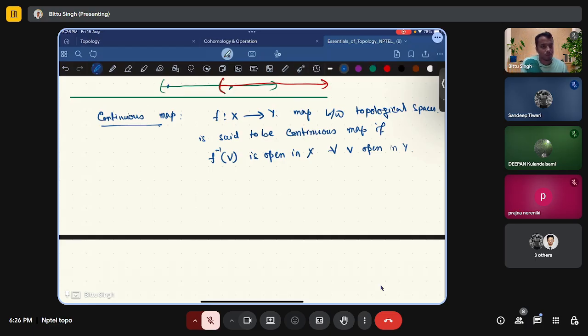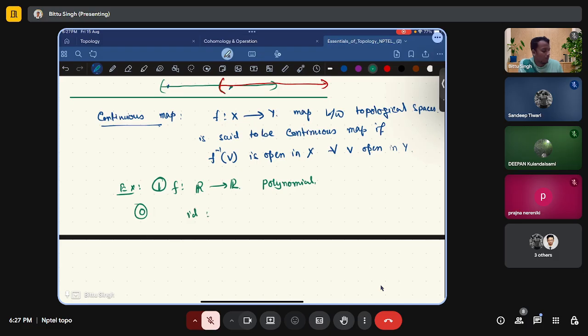We already know about continuity. For example, any polynomial from R to R is continuous. So let us see some continuous maps on any topological space. This is example 1. Let us see example 0.